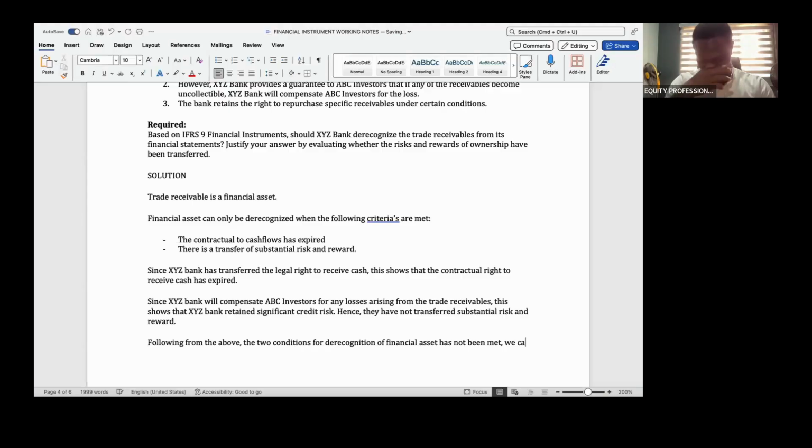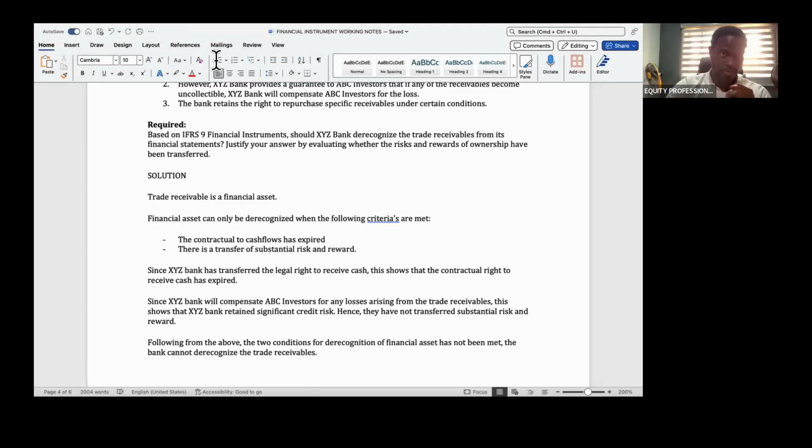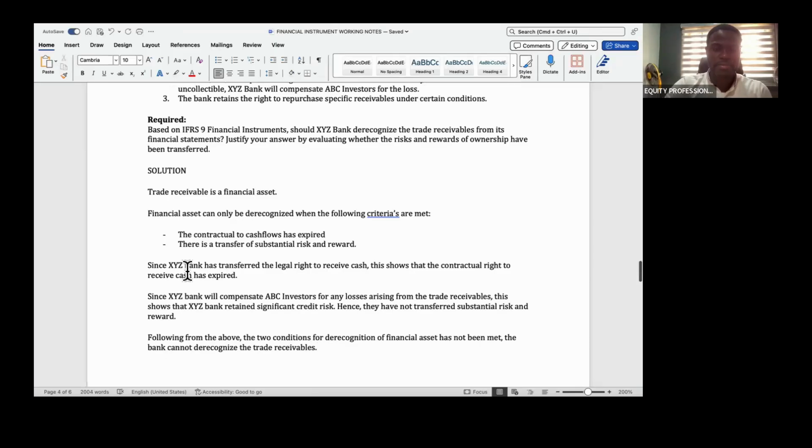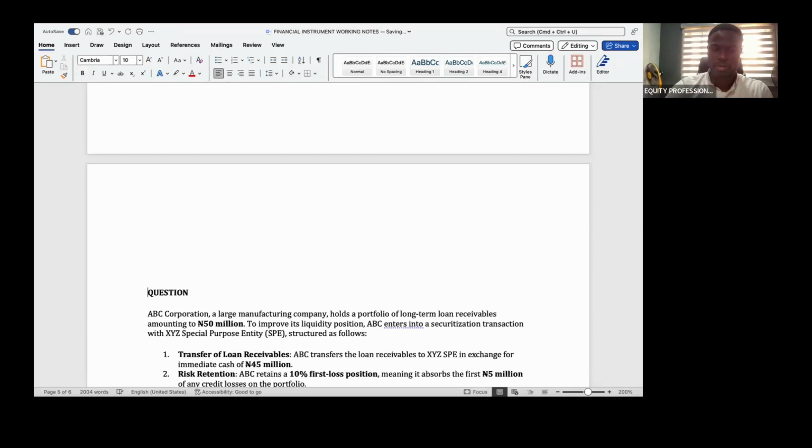The bank cannot therefore derecognize the trade receivables. And that's the solution to this question. I hope that is clear. Let's move to the next question.